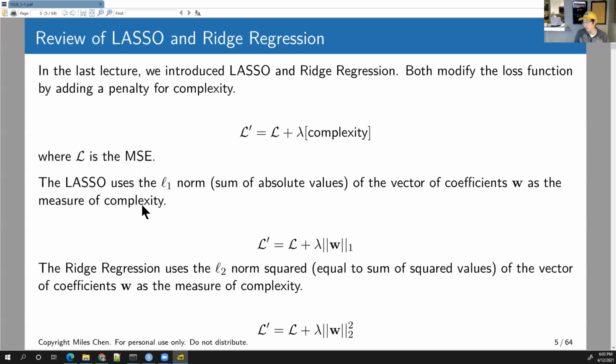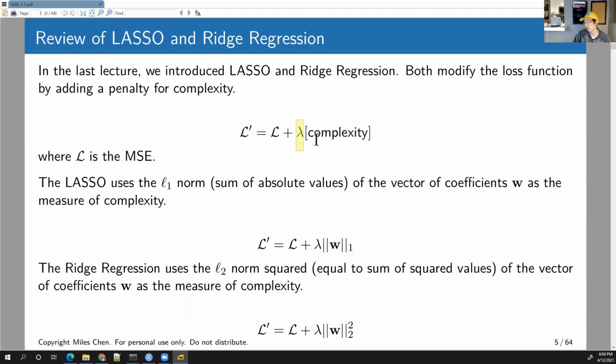All right, and so this is a review of what we saw on Friday. The regularized loss, which we call L prime, is equal to the OLS loss, L, being the mean squared error, or it could be the sum of squared error. It doesn't really matter because the mean squared error and sum of squared error are the same thing, just differentiated by some constant, n, pretty much.